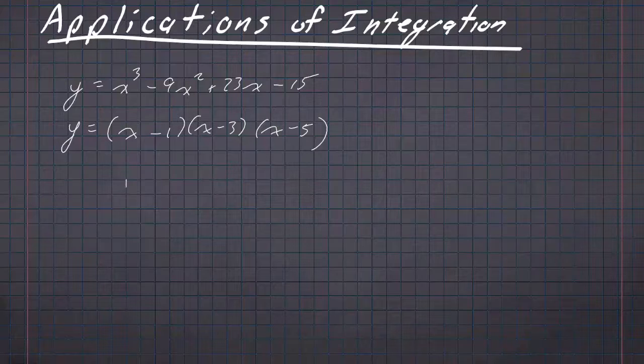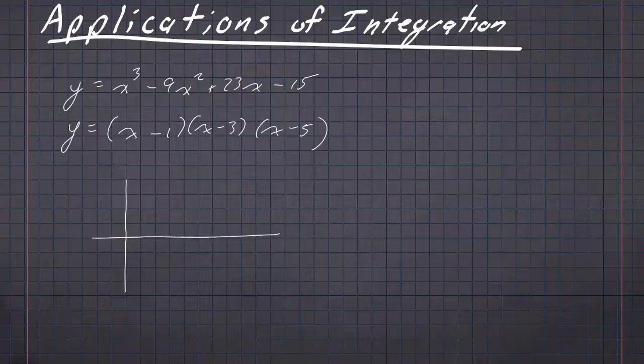And so sketching out our graph, we can find that the y-intercept is somewhere down here. It's at negative 15. Where that is, I don't really know.